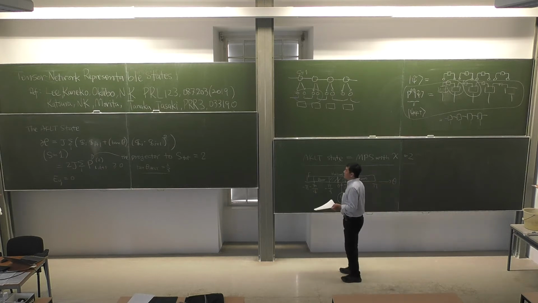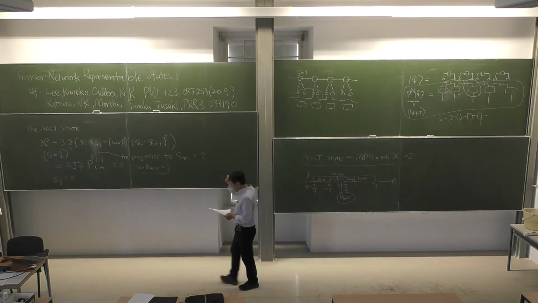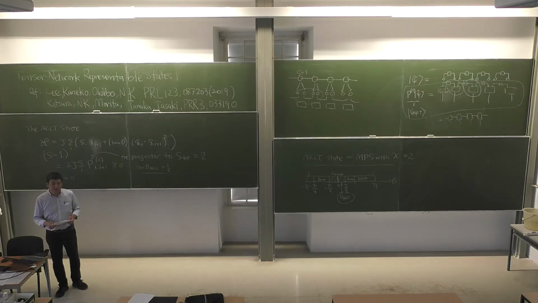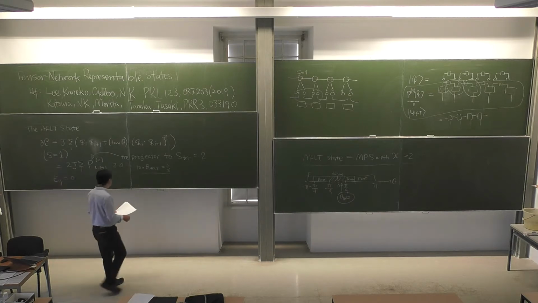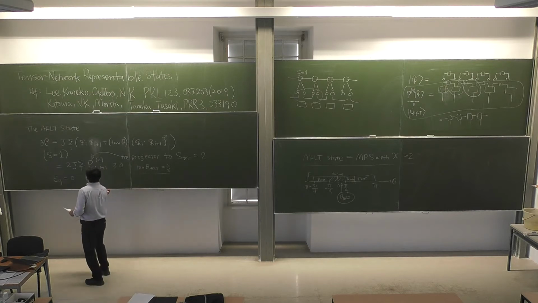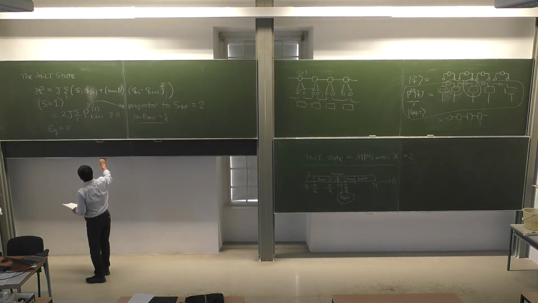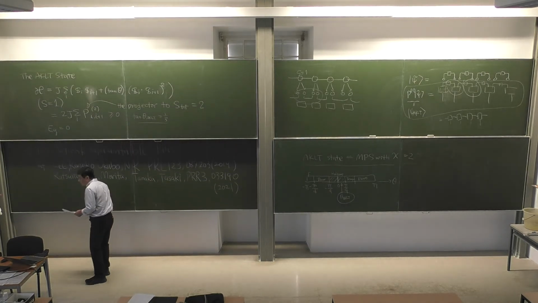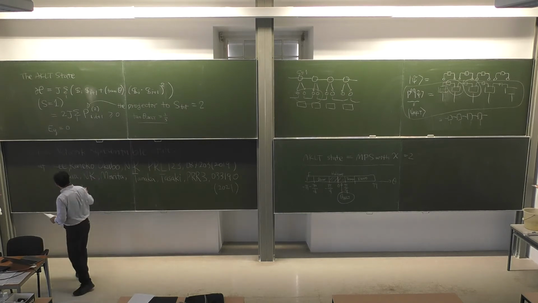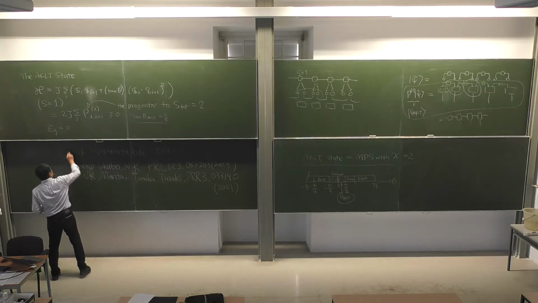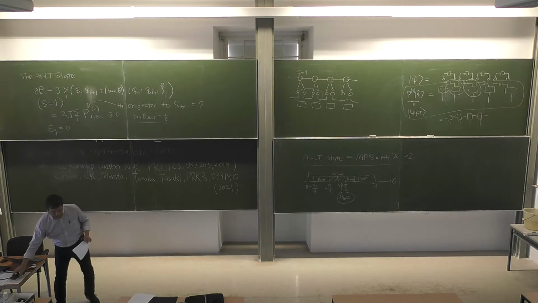That's the first example, which we already know. And so I'm going to try to convince you that there are some 2D analogs for this kind of state.